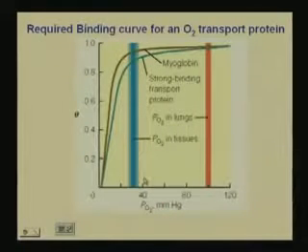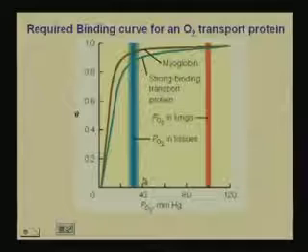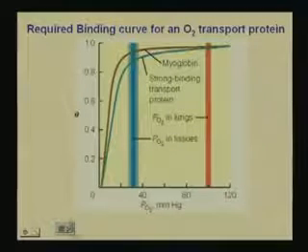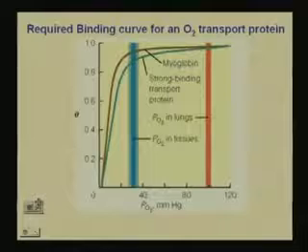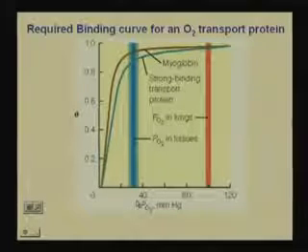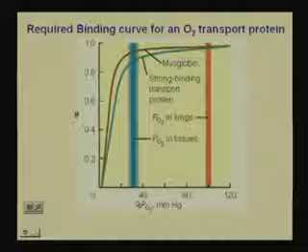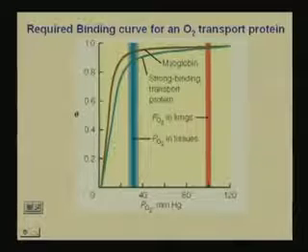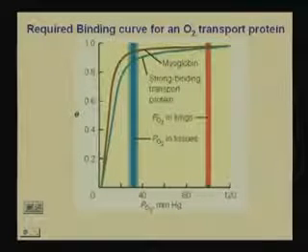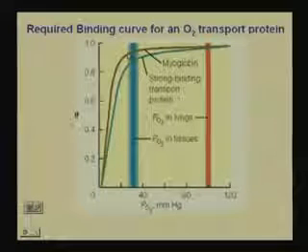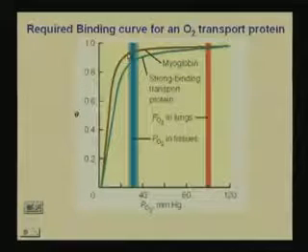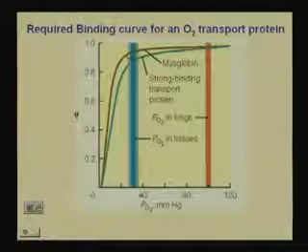Now I want you to understand this very, very clearly. Suppose we have a situation where I have an oxygen transport protein. If you look at the curve on top, that's in purple here, the darker curve, this is the curve for myoglobin that binds oxygen in a hyperbolic fashion.